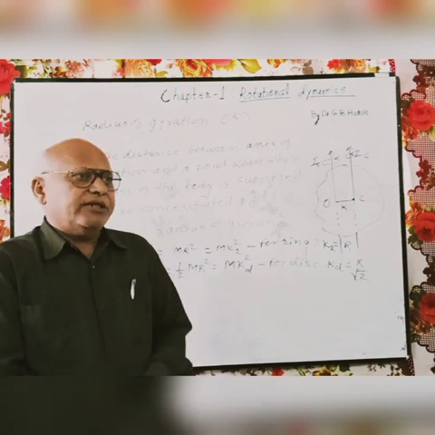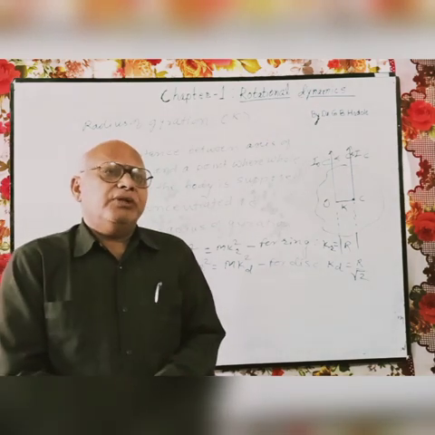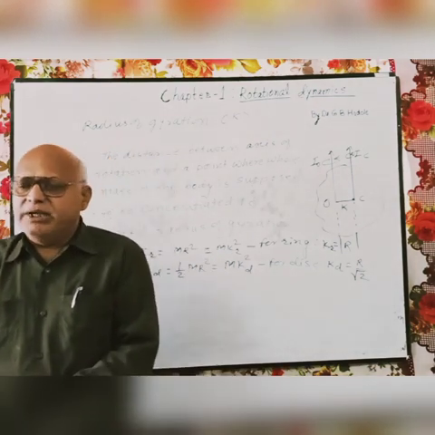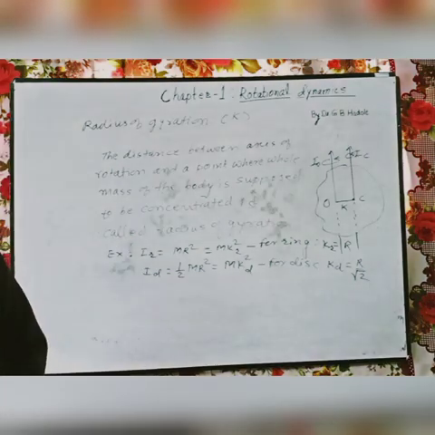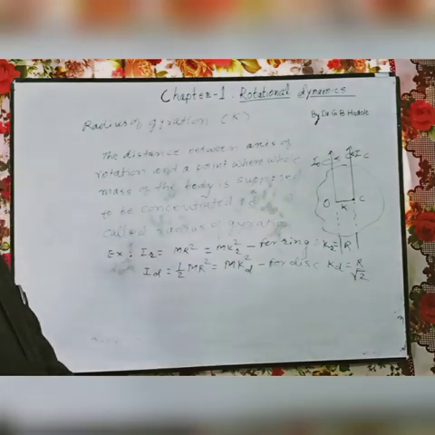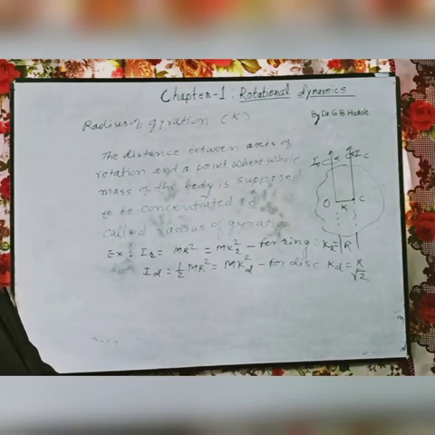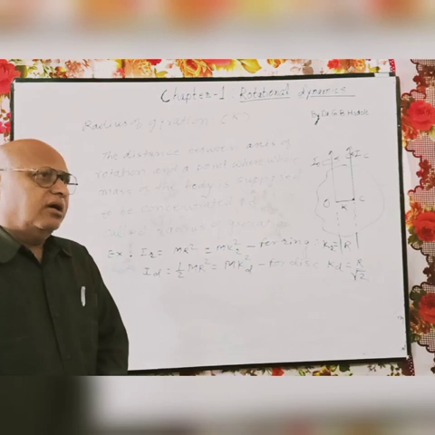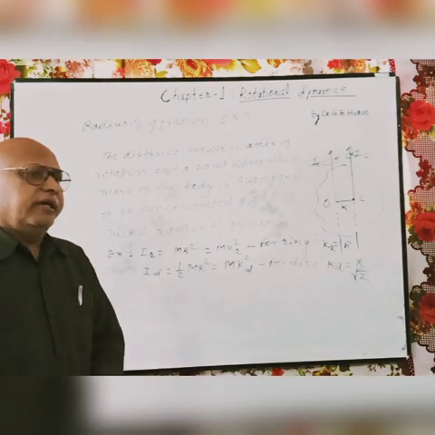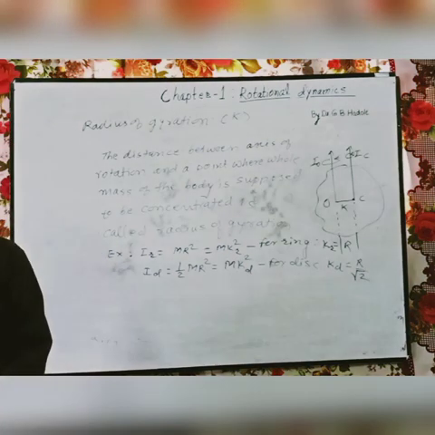When we express the moment of inertia in terms of radius of gyration, if we know the moment of inertia about a certain axis, then we can determine the radius of gyration of that body about that axis.